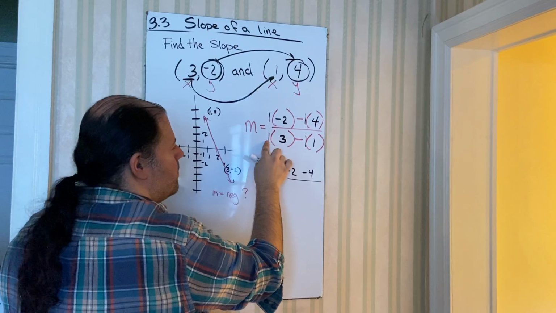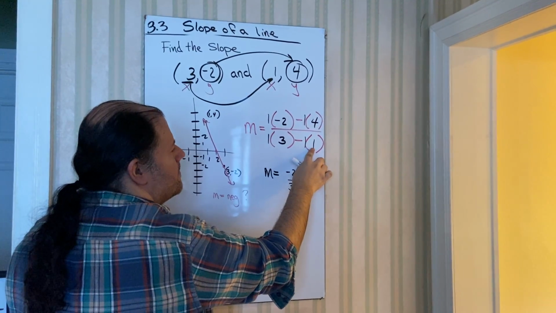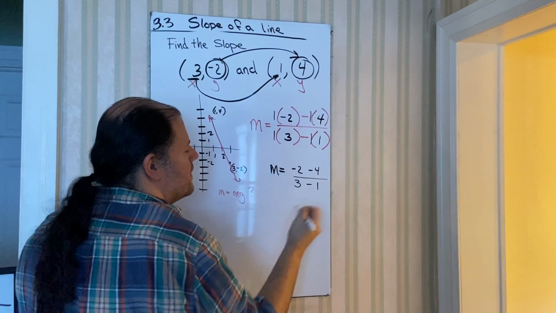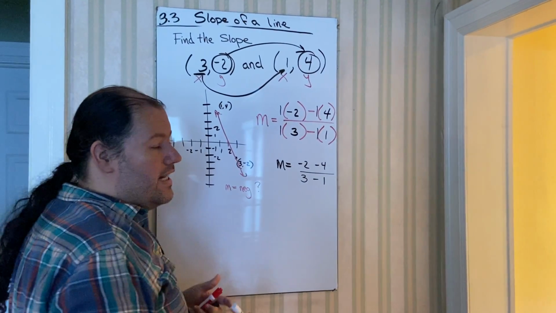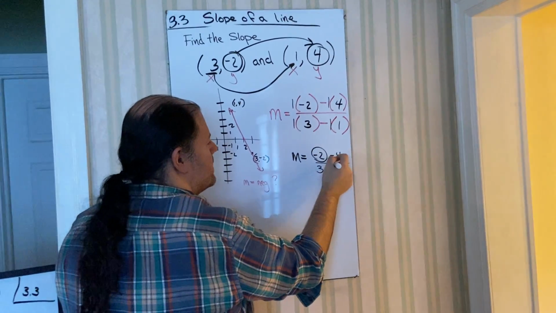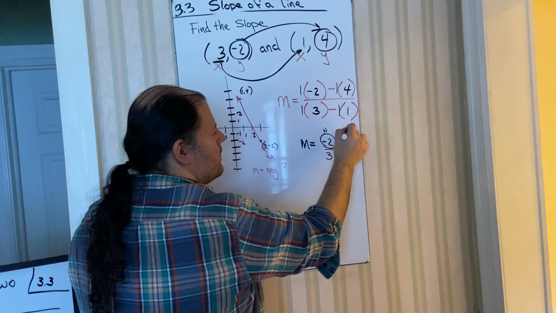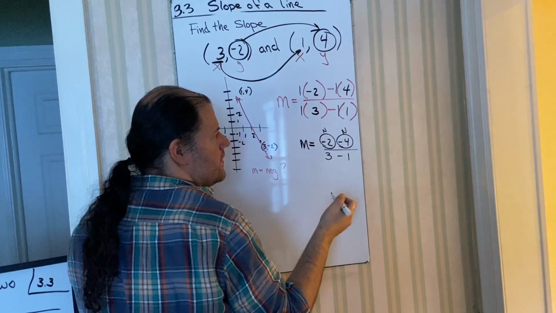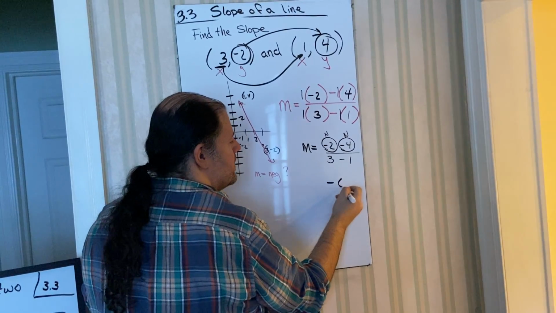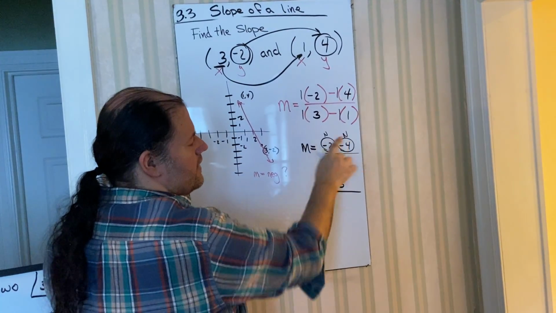At the bottom, 1 times 3 is 3. -1 times 1 is -1. Now that I don't have any parentheses, collect any like terms. Top was top. So let's do the 2 numerators. This is a negative, this is a negative. So when you have 2 negatives, you add, and team negative wins.